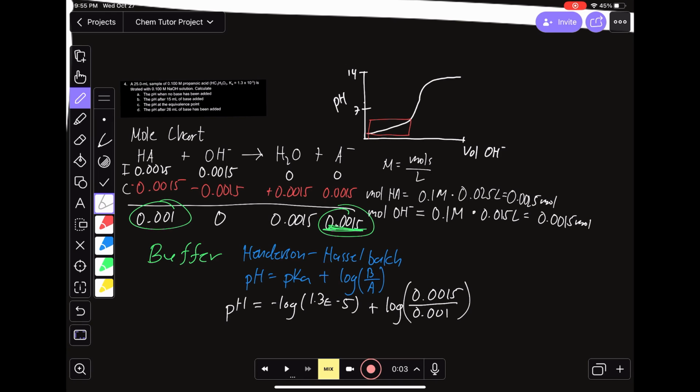That fulfills the equation, and if we plug that into our calculator, we will get that pH is equal to 5.06, which makes sense. Before we add any base, our pH is just 2.94, so we're getting a little bit more basic as we're adding more base.